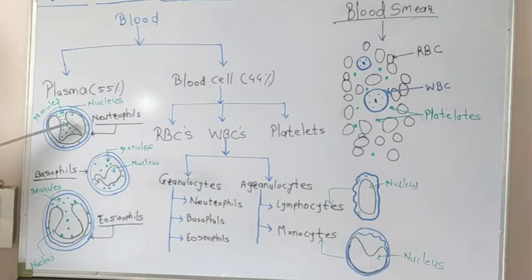These granules are very fine as well as very large in number. On the basis of the staining property, these granules are distributed. These neutrophils get stained by neutral stains, that is, dyes. And these neutrophils are about 70% of the WBC.